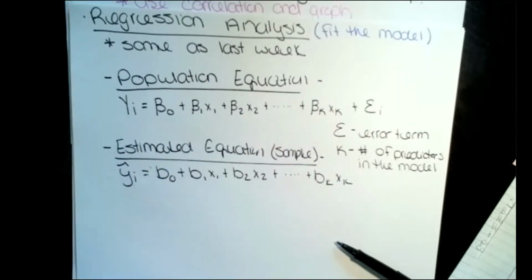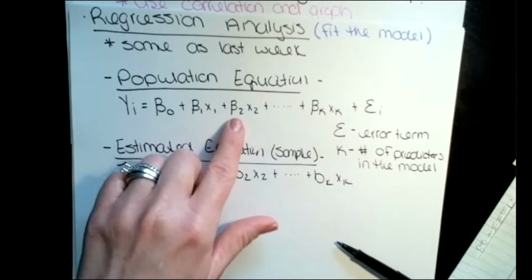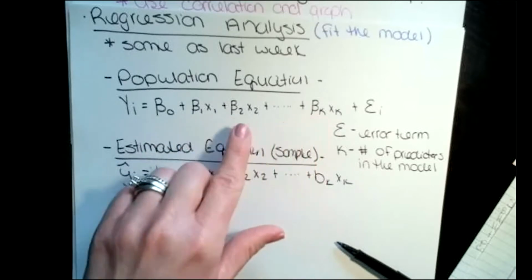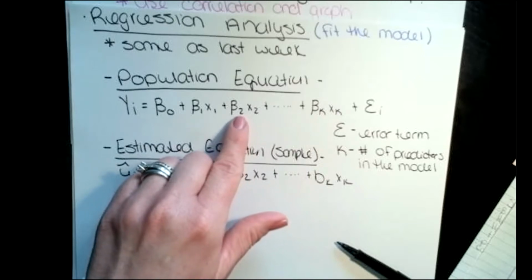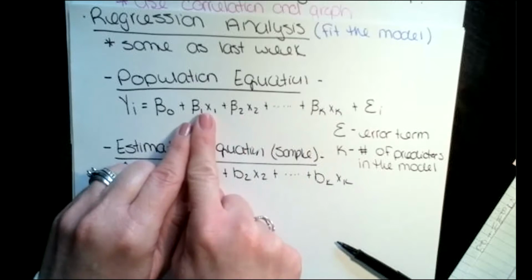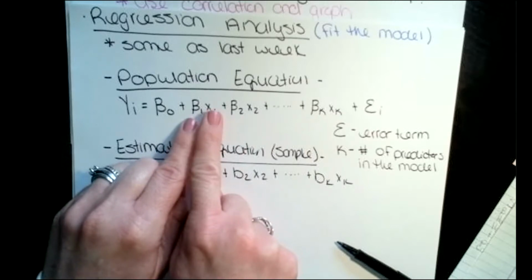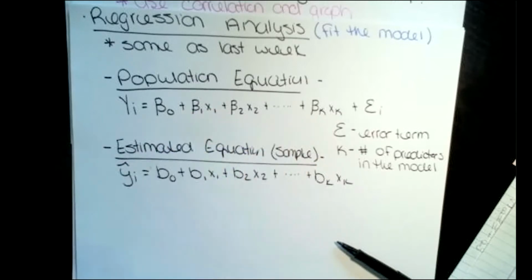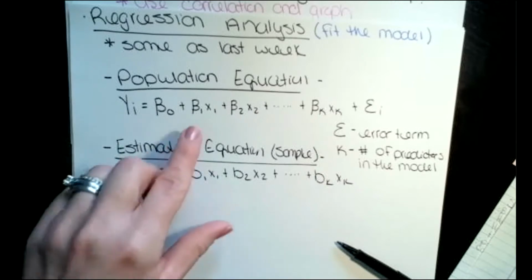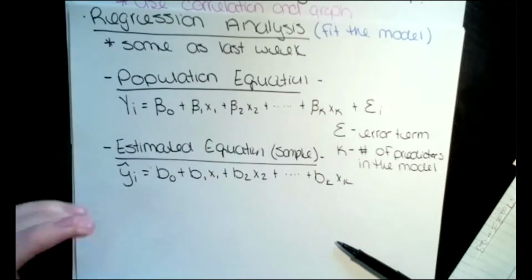I have more terms, one for each predictor. I have what kind of looks like multiple slopes, right? But we can't really refer to it in that way because I don't have just one, right? So I can't really refer to them as slopes. So we call these the coefficients of the predictor, which is what a slope is, right?